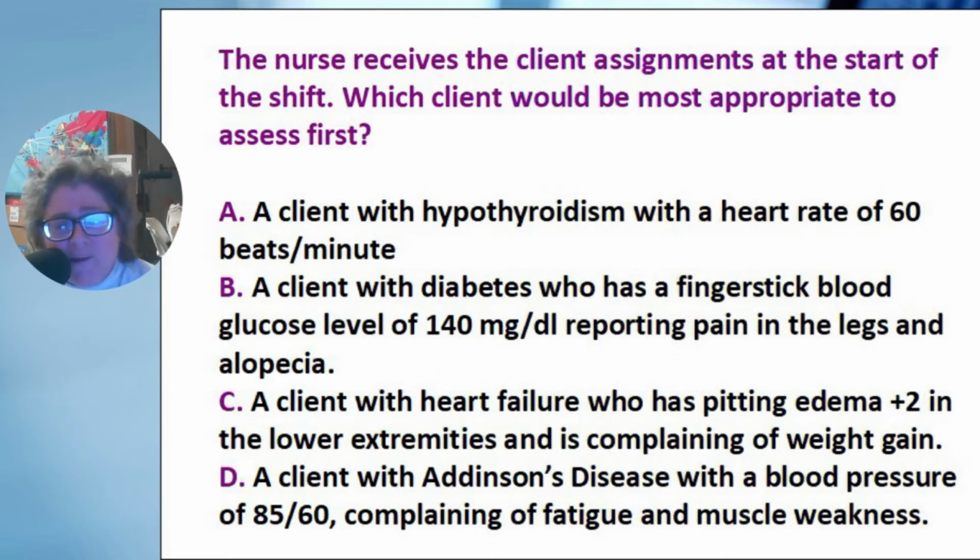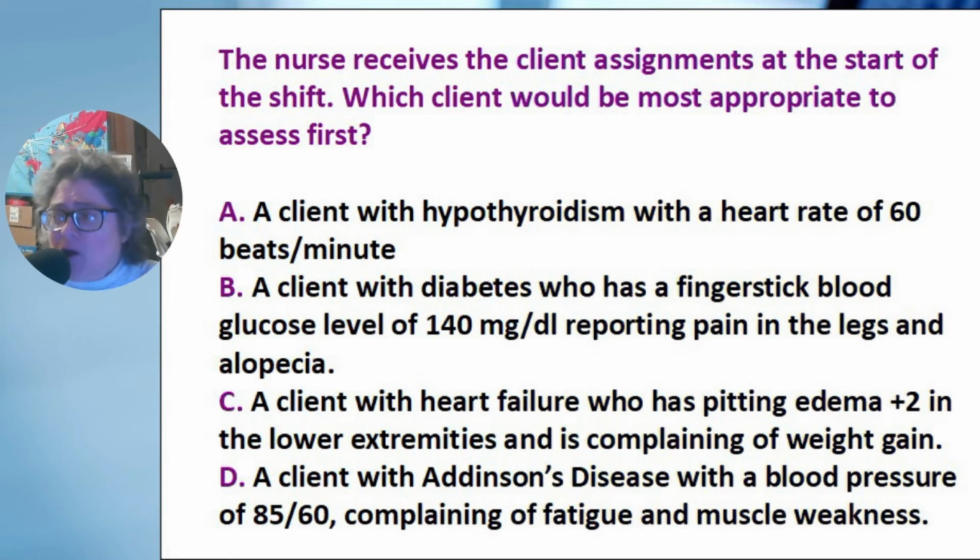Now, in case you forgot, you don't need to know that a low blood pressure could be a sign of low cortisol levels. So we need to evaluate the cortisol levels, because low cortisol levels could lead to Addison disease crisis and lead to death. But let's say you forgot all that, right? Because you've been out of school for a while.